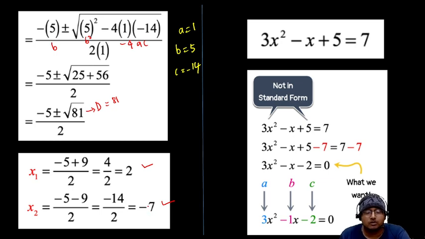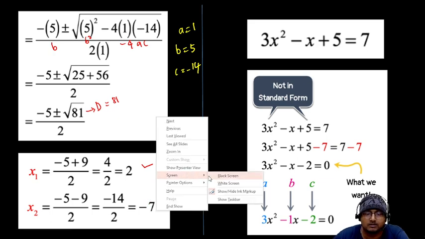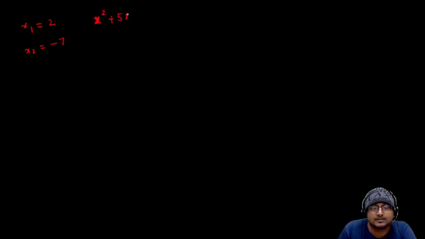We also need to verify whether these values are correct or not. So let us verify in that equation. We got x1 equal to 2 and x2 equal to minus 7. What is our quadratic equation? x square plus 5x minus 14 equal to 0.